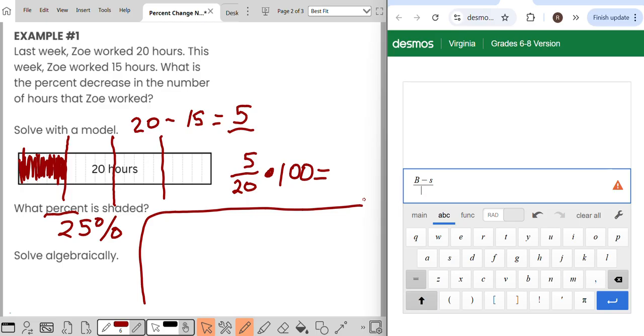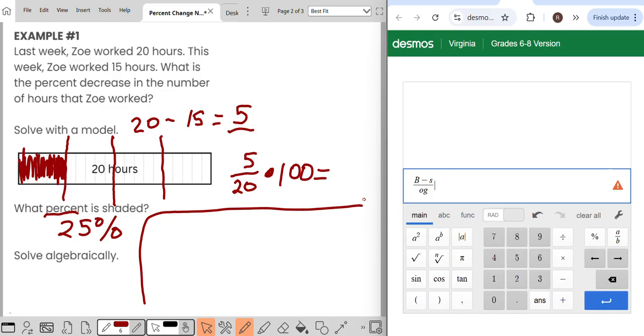Then we're going to divide that difference, the big minus small, by the original. So I'm just going to put OG there. Okay? Then we're going to jump up here, and we're going to multiply that by 100 to make sure that we get the correct answer in percentage form.